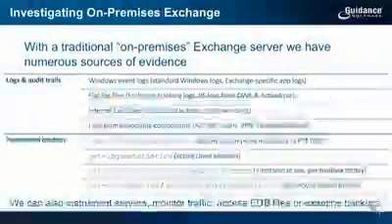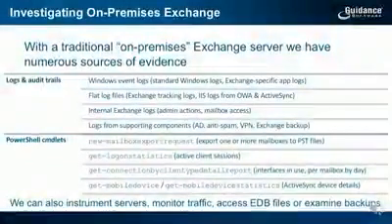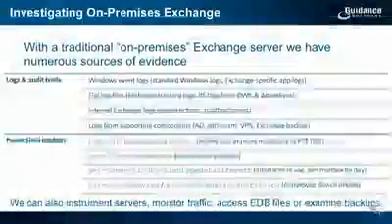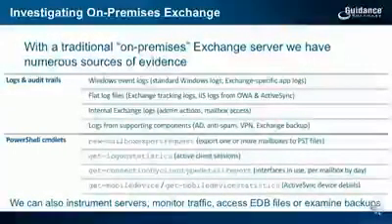When we're looking at on-premises Exchange, we're looking at a traditional Exchange server sitting in your data center. We really have numerous sources of evidence. We have a variety of paths in front of us at the start of an investigation. We can look at quite a range of audit trails. We can look at things like the Windows event logs. We can look at the flat log files that come out of Exchange from components like OWA.